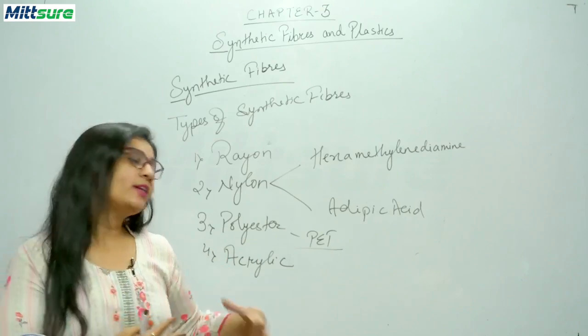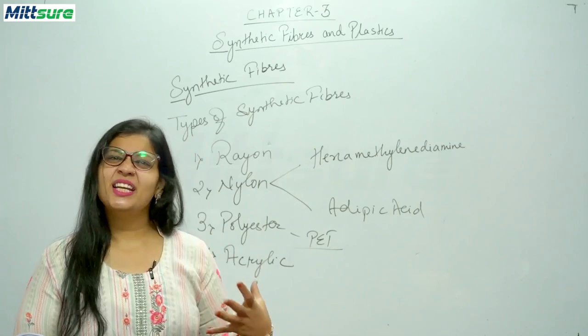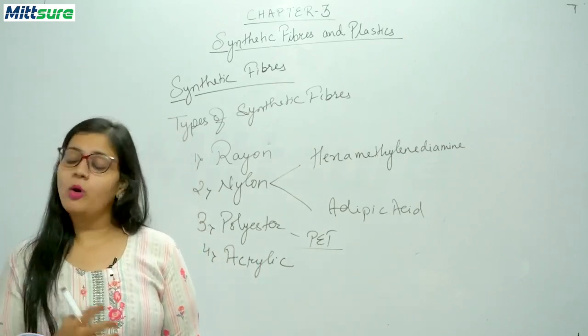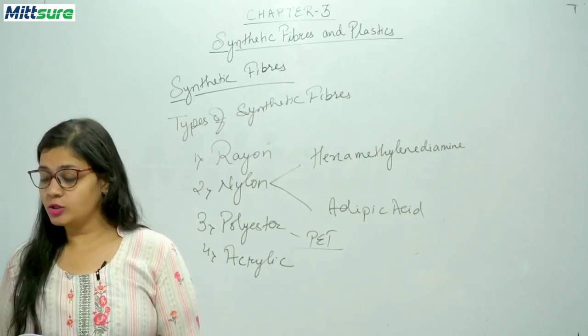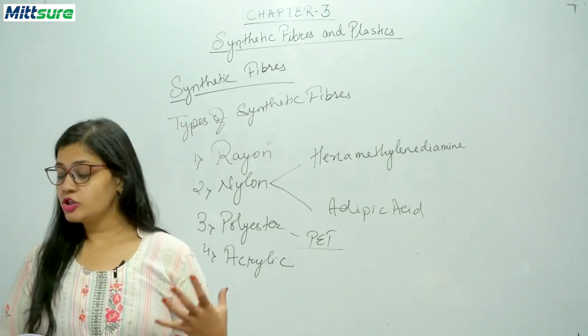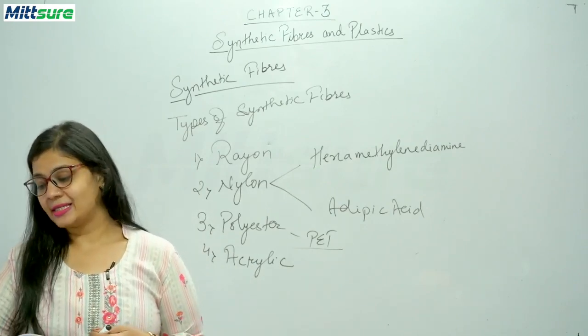Warm, that's why it resembles wool. So now we can say it is the wool of synthetic fibers. Now it is resistant to moths and chemicals also. Acrylic fibers are used to make sweaters, socks, shawls, carpets and blankets.